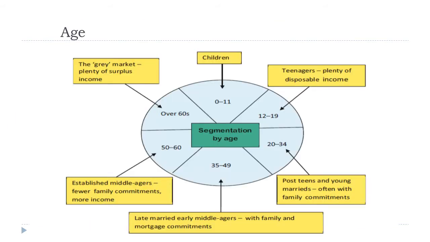So obviously, if we can divide them up by age, the product features and the advertising and maybe where they access their goods is going to be very different depending on your age. So, for example, if you compared an over 60s to a teenager, you would want very different product features.